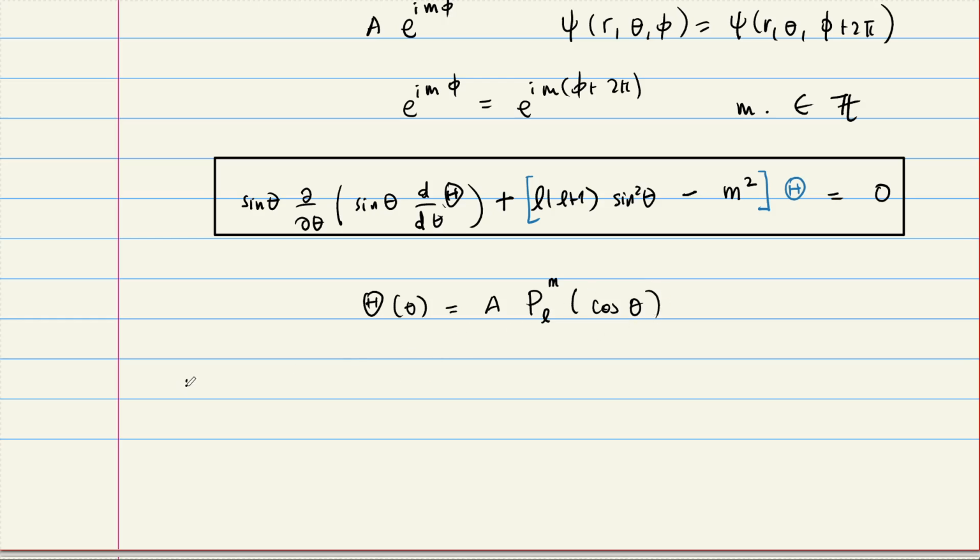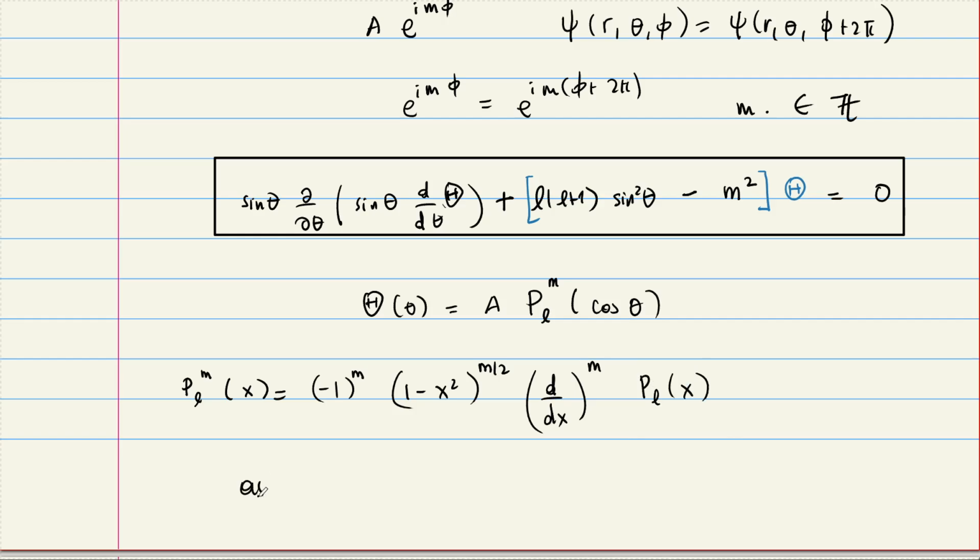The P_l^m of x are given by (-1)^m (1 minus x squared)^(m/2) d^m/dx^m P_l(x). So these are called associated Legendre functions.